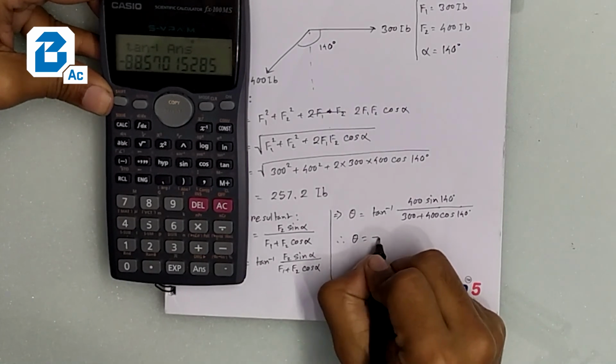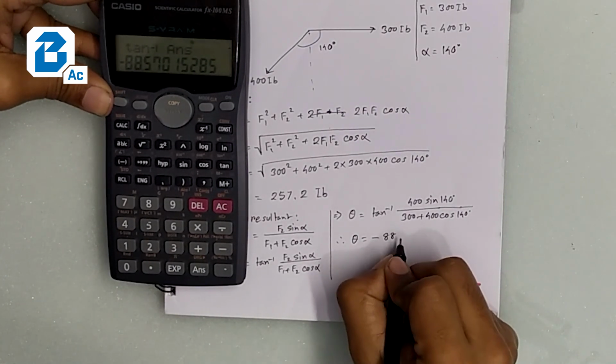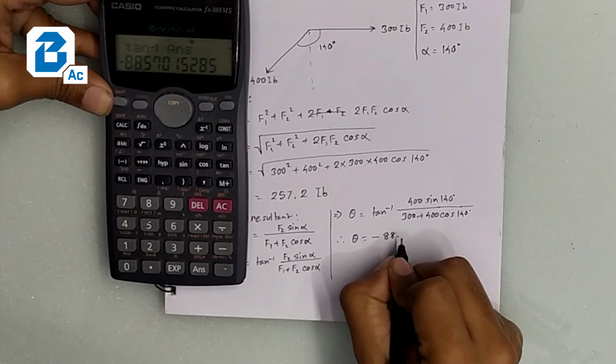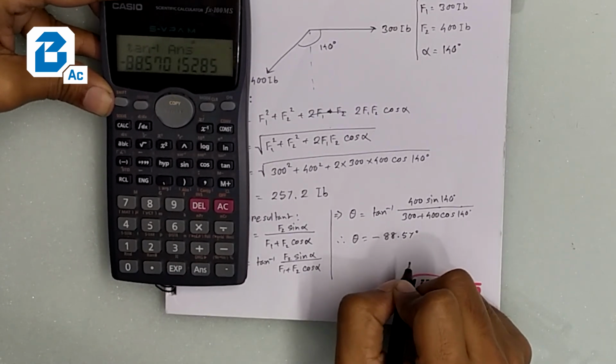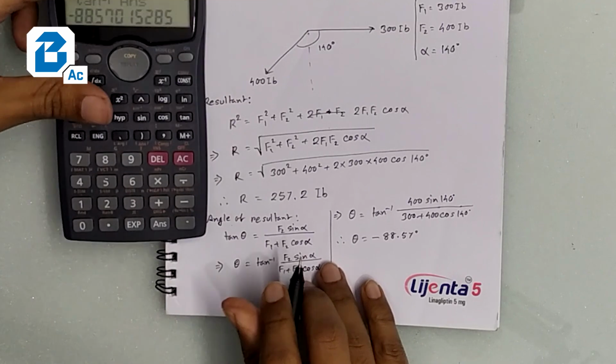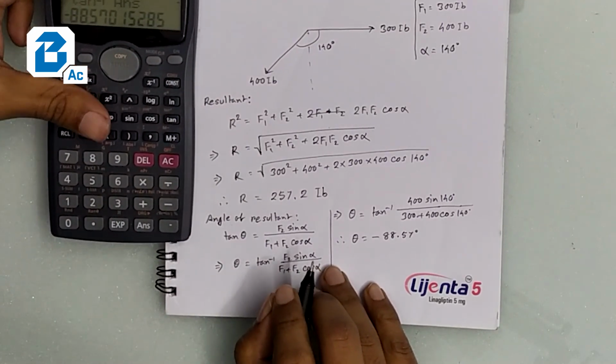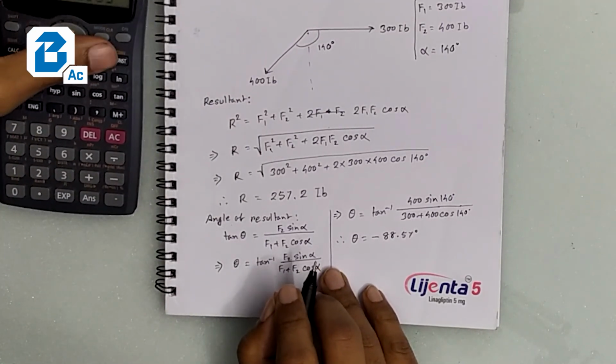We get minus 88.57 degrees. So the angle will be measured from the F1 or the first force that was introduced in this problem.